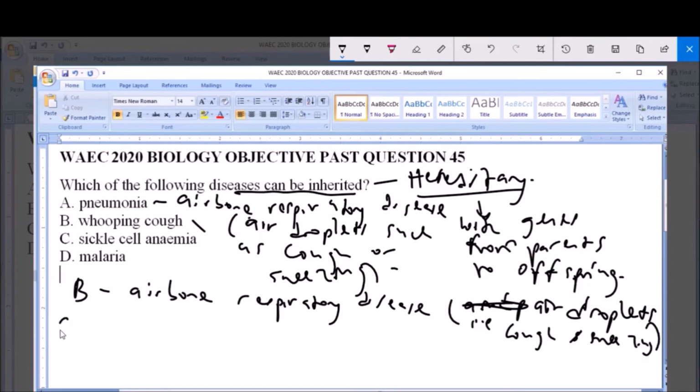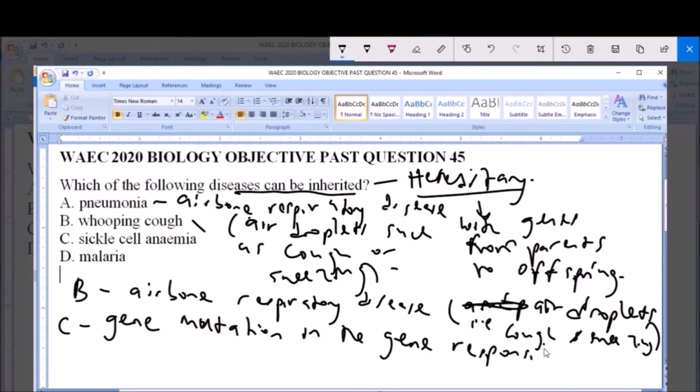And then option C, sickle cell anemia, is caused by a gene mutation in the gene responsible for hemoglobin formation.